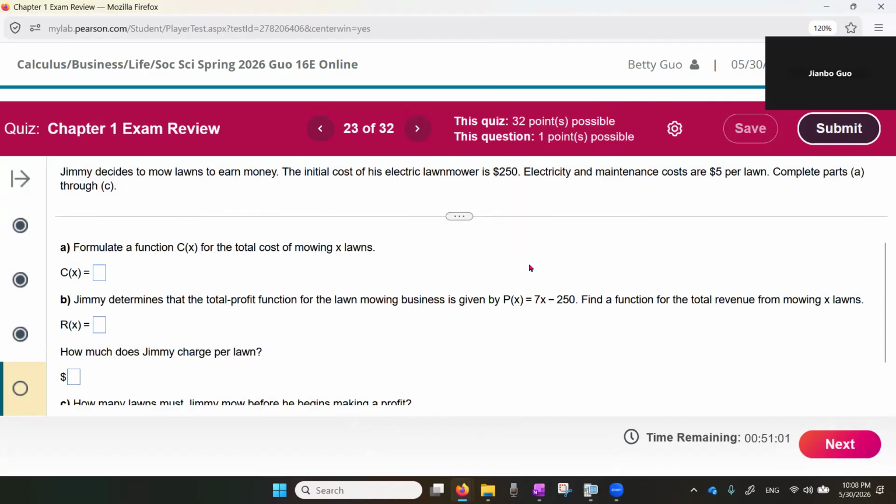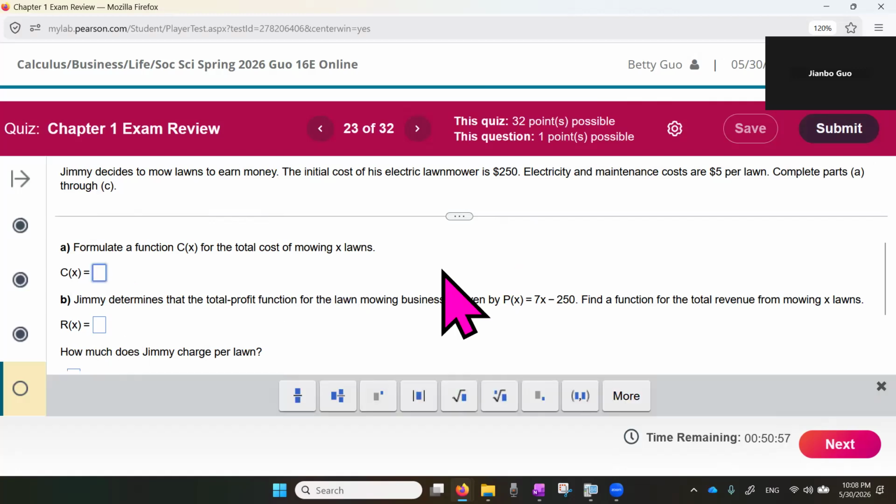So reading the question, you'll see this is a linear model. Even without having any business, you already put money into the mower, right? So that's 250, the initial cost, and it costs more when you mow more lawns.